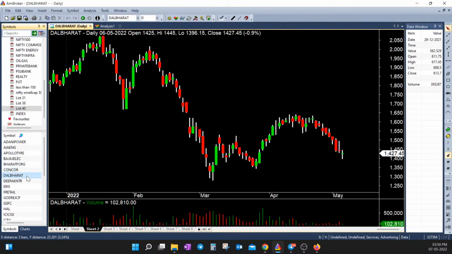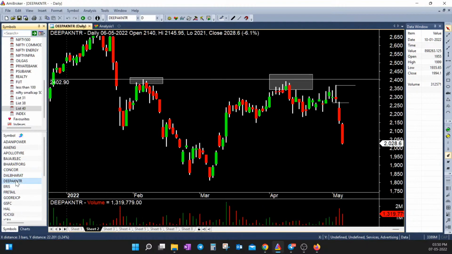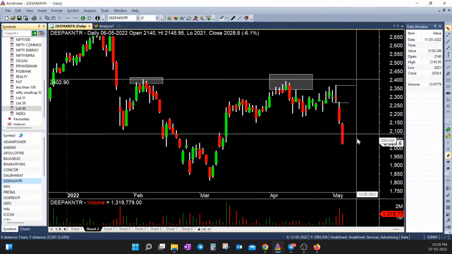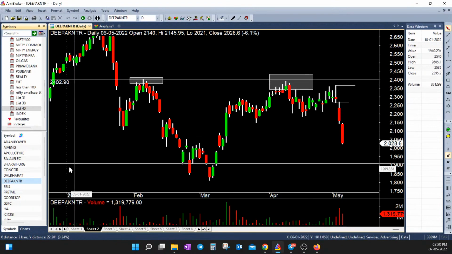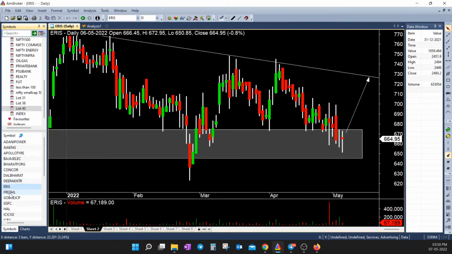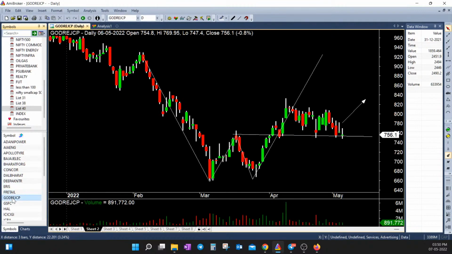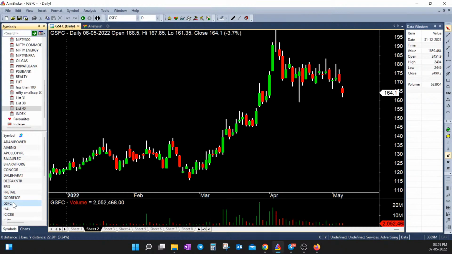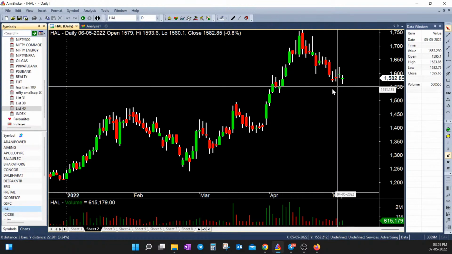Dal Bharat upside. Deepak Nitrite already done, so avoid this. Iris upside, Free tail avoid, penny stock with lower circuit, Dorite CP upside. Fine. HAL.